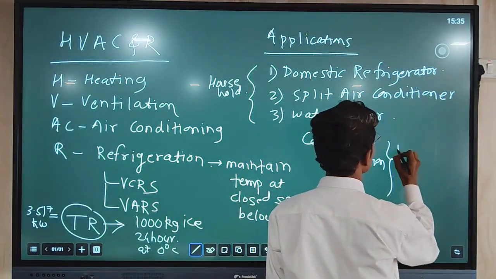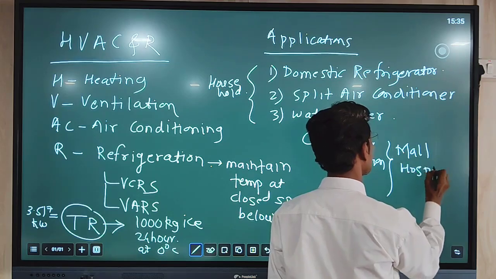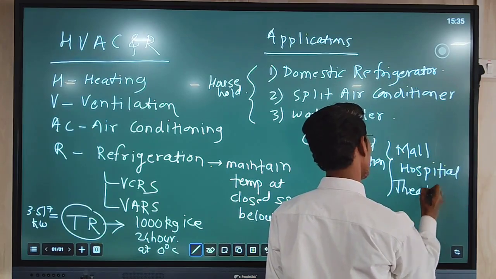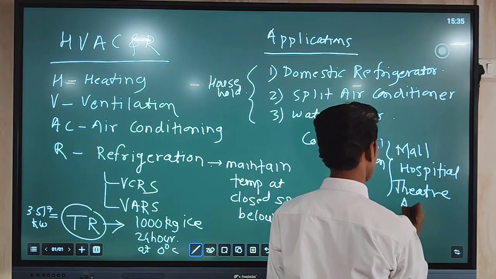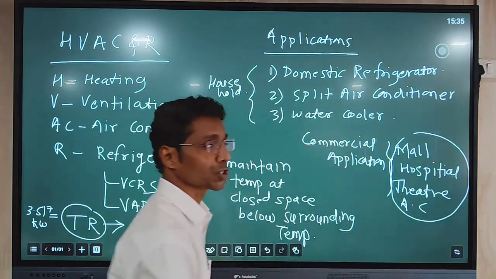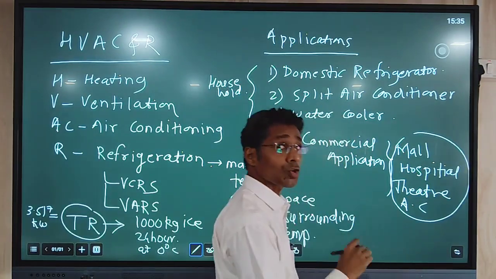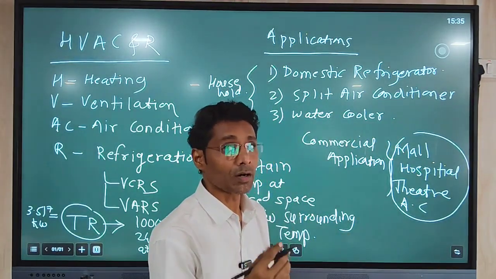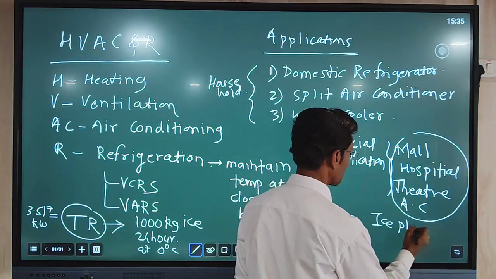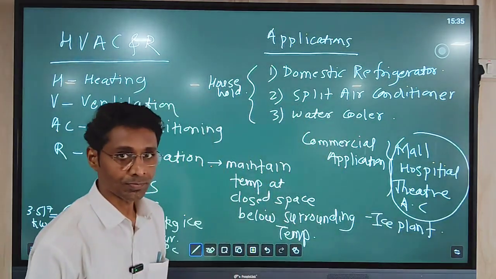So mall air conditioning, hospital air conditioning, theater air conditioning, these come under commercial. One more application where ice is produced on a large scale is the ice plant. This is also a commercial application.